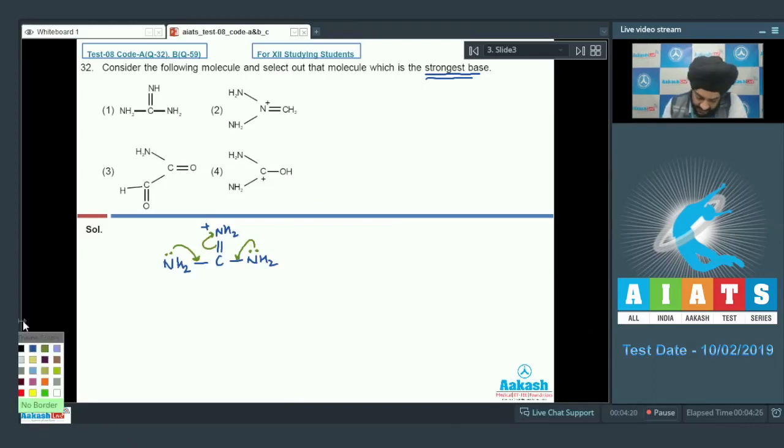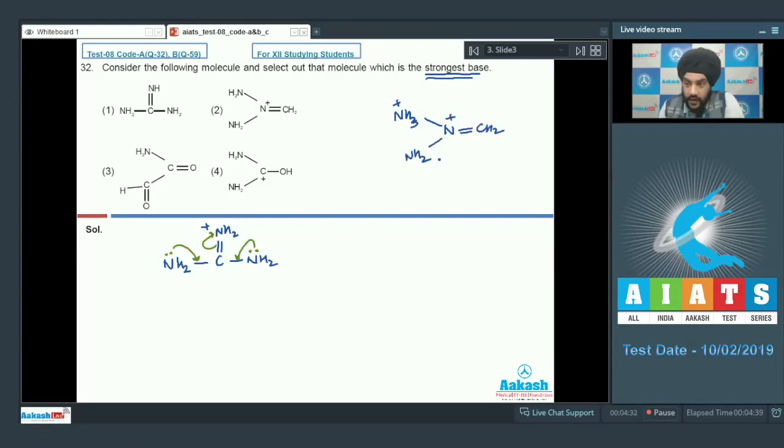If you look at the second structure now, in the second structure we're going to have the structure. Here no resonance can take place. So this is not very stable structure and the corresponding base will not be very much basic. If you look at the third structure now, in the third structure, the functional group present is amide.